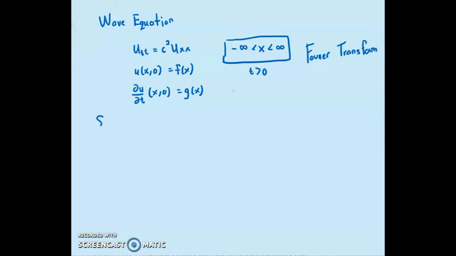The first step that we need to do is to take the Fourier transform of the wave equation. So the Fourier transform is in the variable x, unlike the Laplace transform, which is in the variable t.